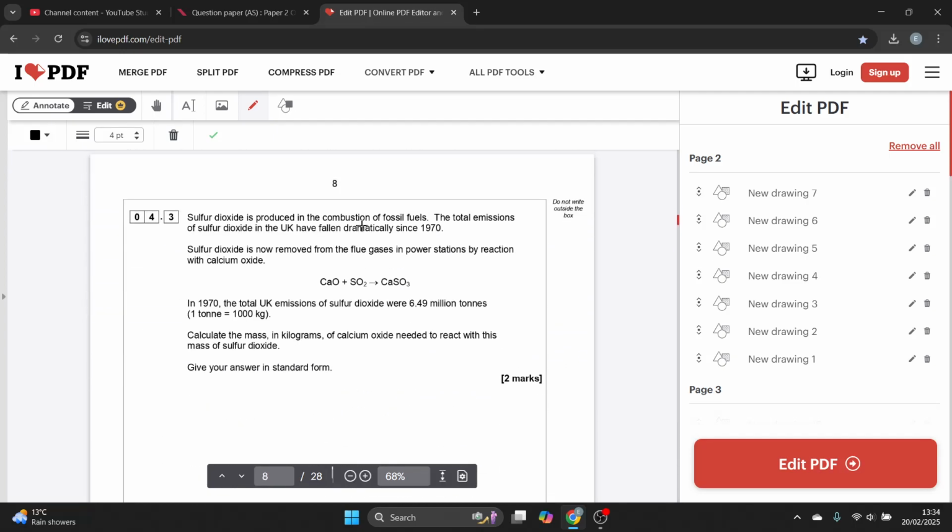Question 4.3. Calculate the mass in kilograms of calcium oxide needed to react with this mass of sulfur dioxide, and it tells me the mass of sulfur dioxide is that. I want to find the mass of calcium oxide I need to react with this mass of sulfur dioxide.